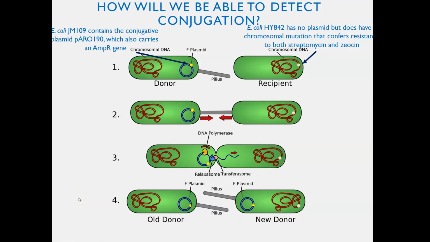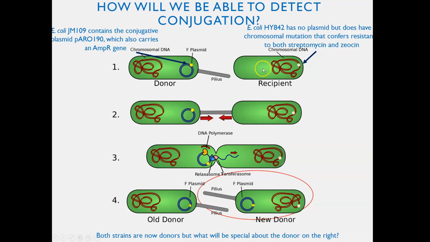Now it's going to be really important for us to figure out how we are going to be able to look at just the bacteria that were transformed. How can we possibly get rid of the initial donors and the recipients? We are going to utilize these antibiotics to kill off all the other bacteria.